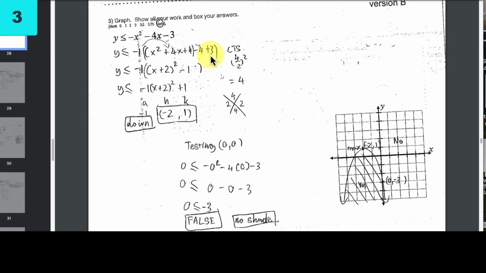Oh, the whole thing was they factored out a -1. -1 x squared plus 1, that's fine. So then our vertex is (-2, 1), left 2, up 1, which is correct. Max, good. Then they tested it with (0, 0) into the original equation. They got false, so (0, 0) right here. They're not shading, they wrote the word no, which I liked, and then the test on the inside.